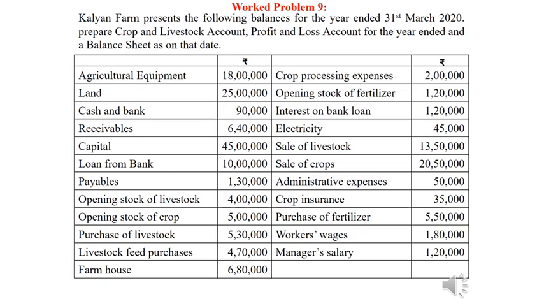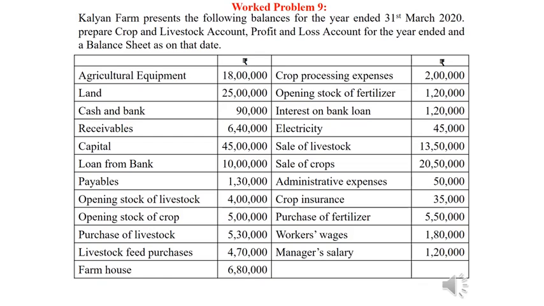Agricultural equipment is given 18 lakhs. Land, cash at bank, receivables, capital, loan from bank, payables. Payables means bills payables. Receivables means bills receivables or trade receivables and trade payables.